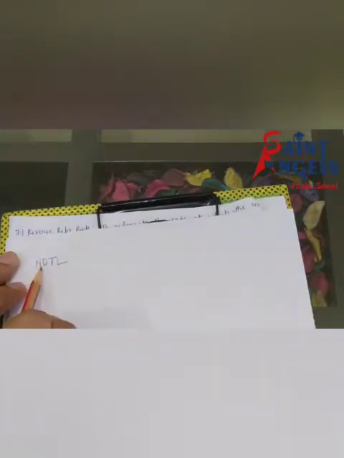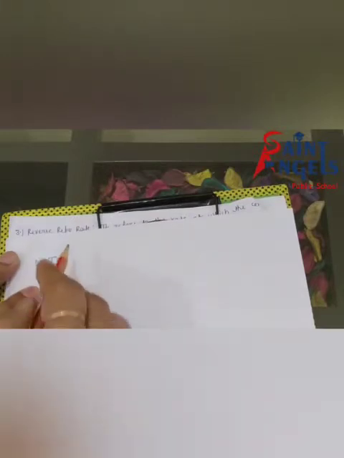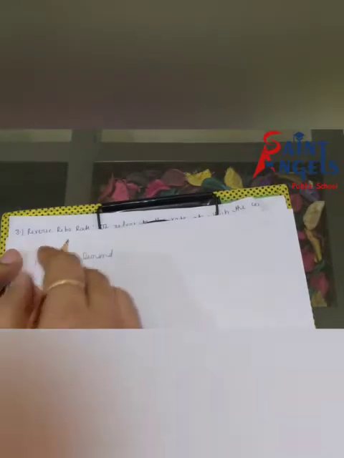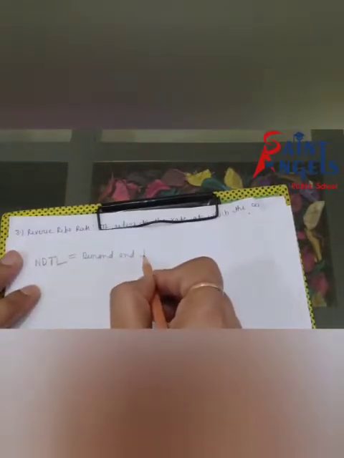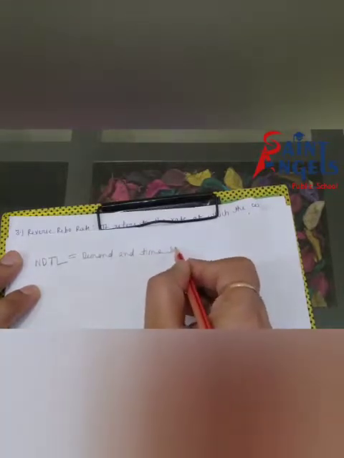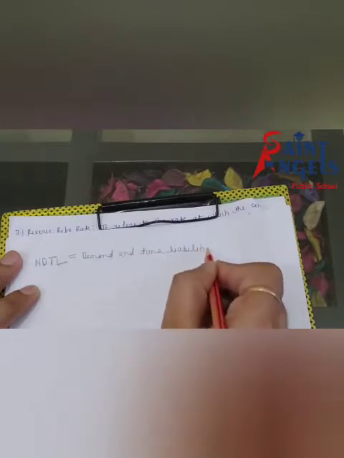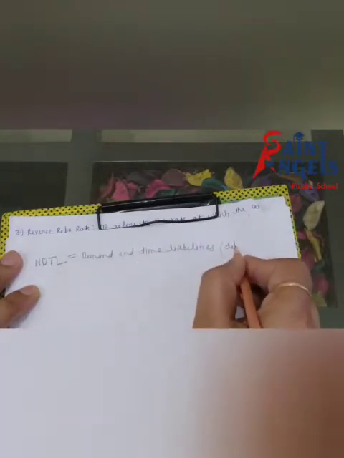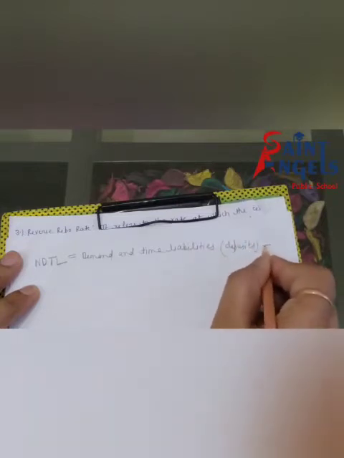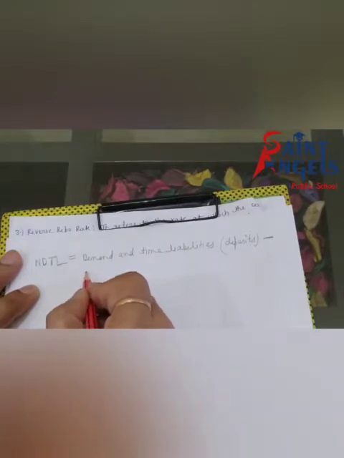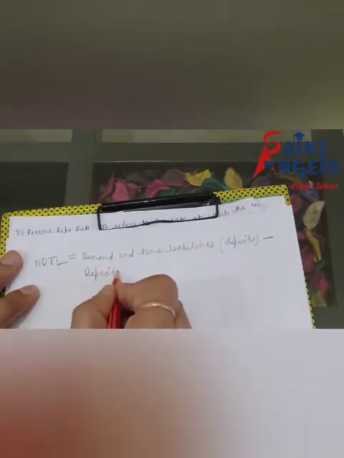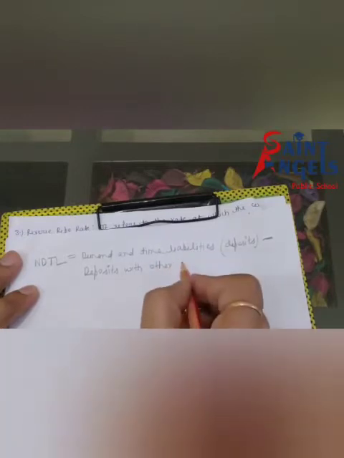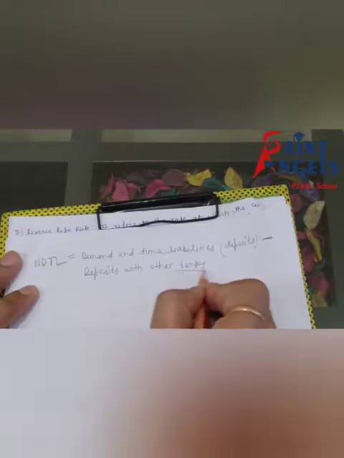NDTL, meaning net demand and time liabilities, is equal to demand and time liabilities, meaning deposits, minus deposits with other banks.